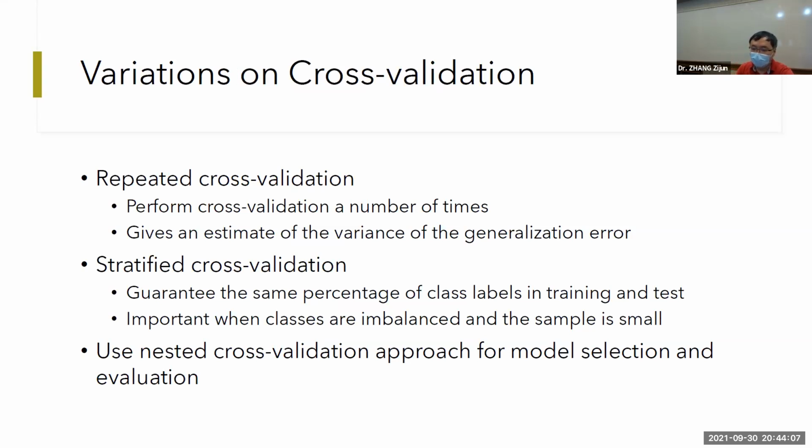Besides K-fold cross-validation, there is also repeated cross-validation, because in cross-validation you have random partition, right? So there's some randomness. You can perform cross-validation a number of times to get an expectation of the estimation of the performance. Another is called stratified cross-validation.